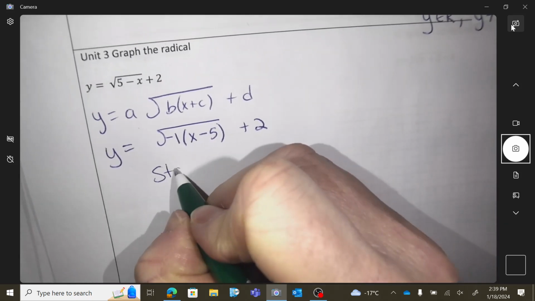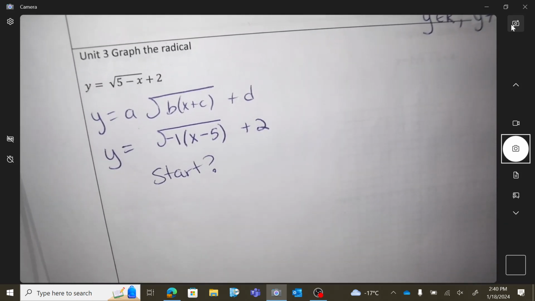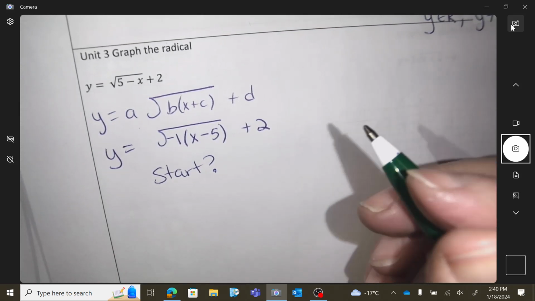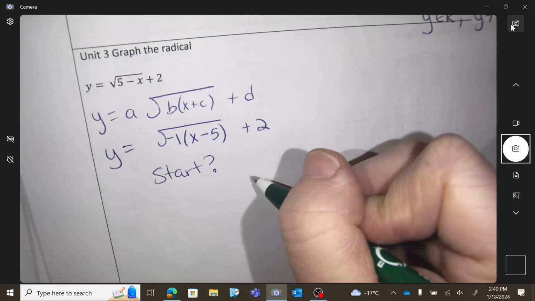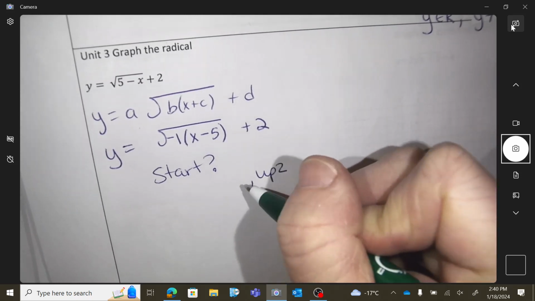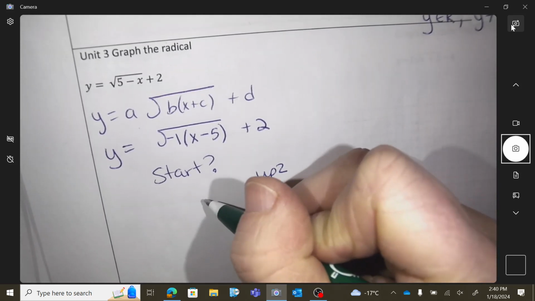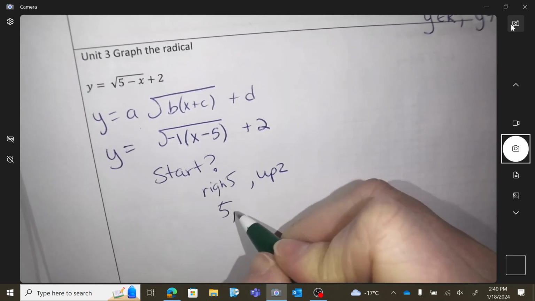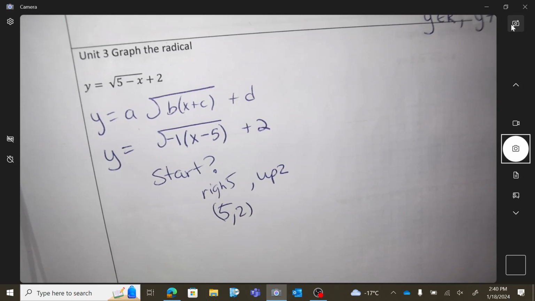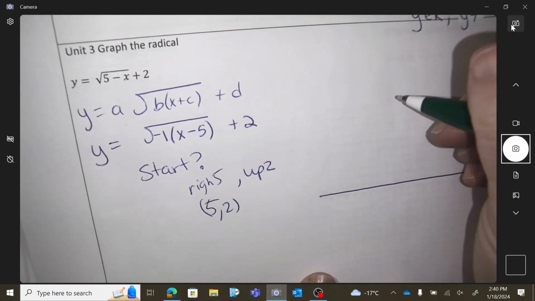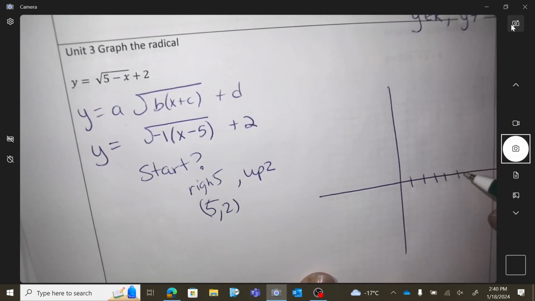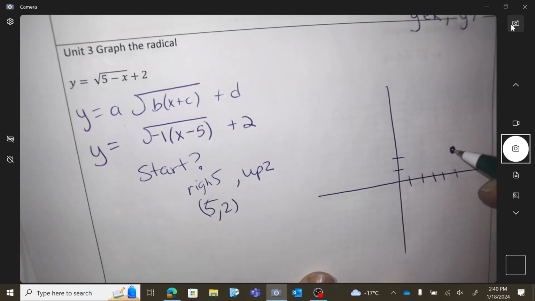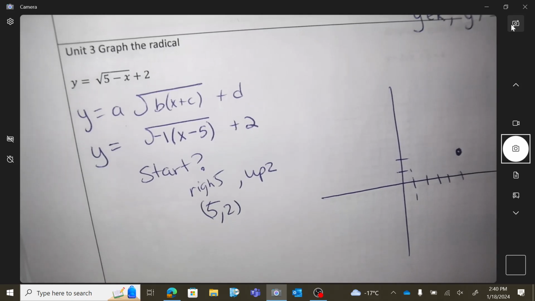So where would you start this radical? Right 5. So then I would start at the coordinate 5, 2.